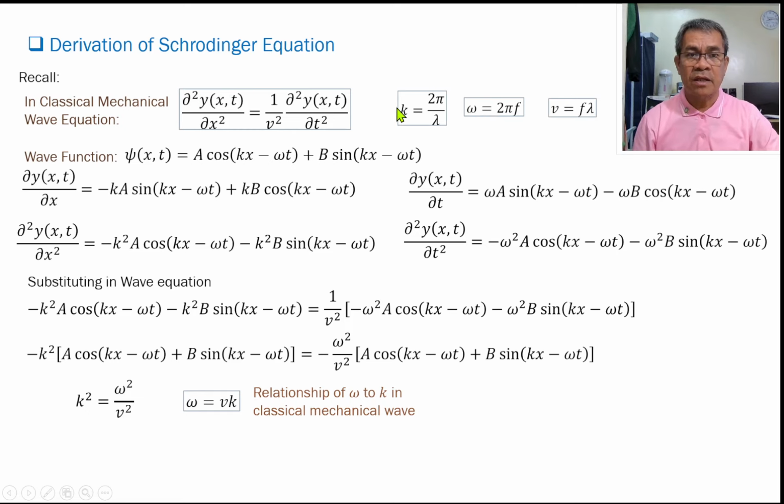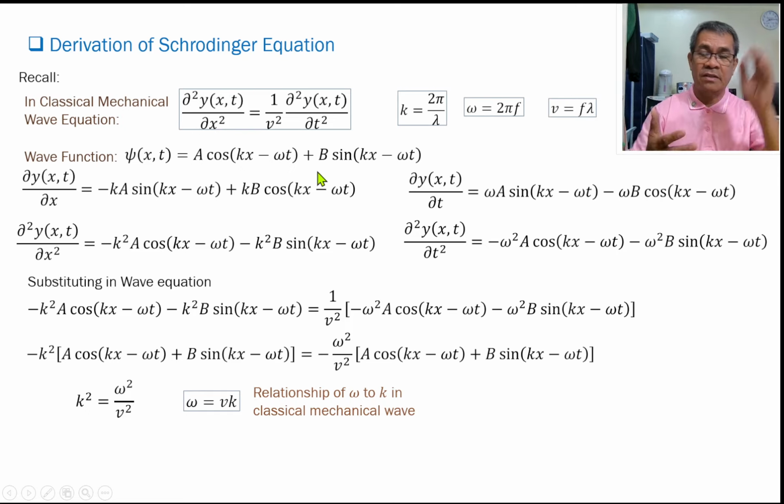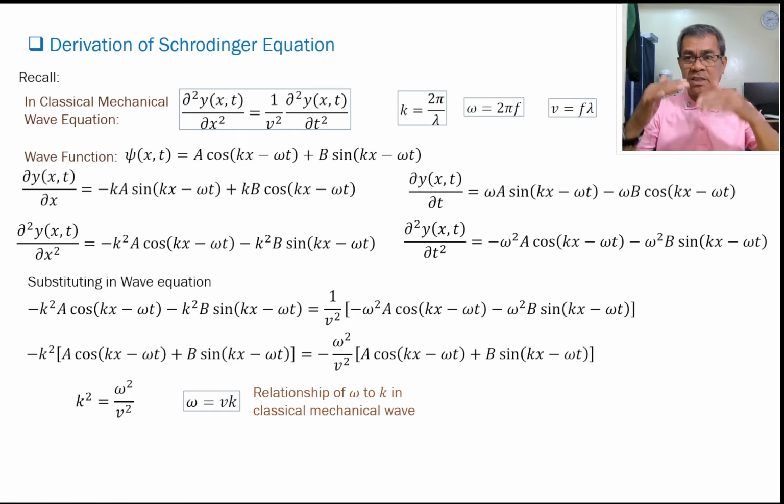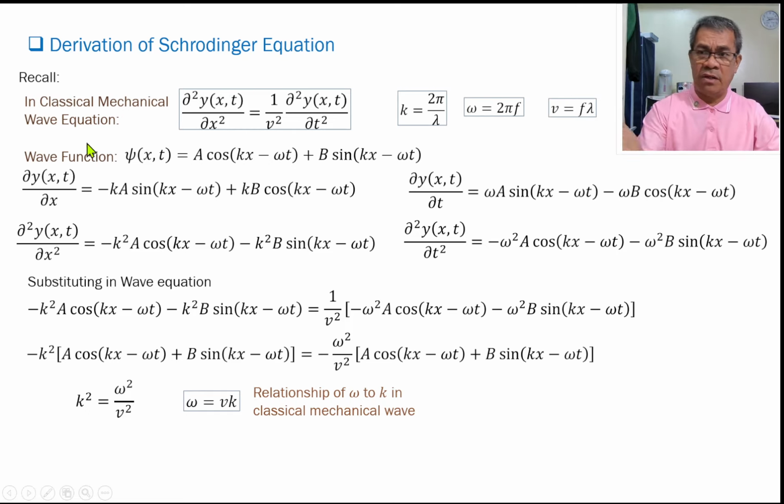Vice versa, if you have the values of the propagation number and angular frequency, then we can derive the function. So in that case, we are describing the wave function. This is all about classical mechanics, meaning the particle is determined here.